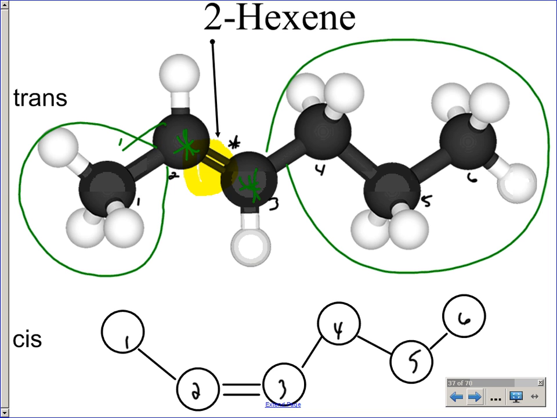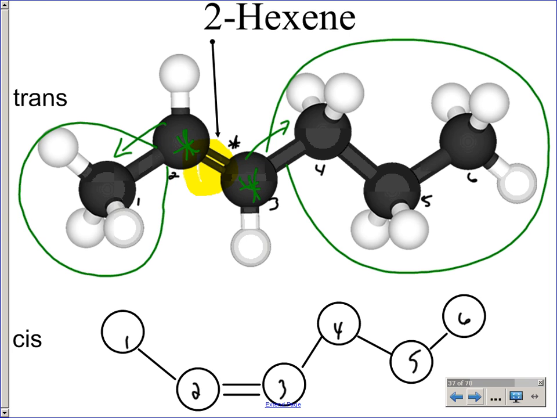So this one is below the double bond and this one is above the double bond. Since they are opposite of each other, that's called trans. So if you were given this exact structure, on the AP exam you have to tell them that is trans 2-hexene. Just saying 2-hexene doesn't tell them you understand why this is arranged in this orientation.